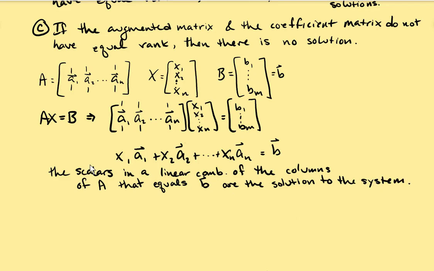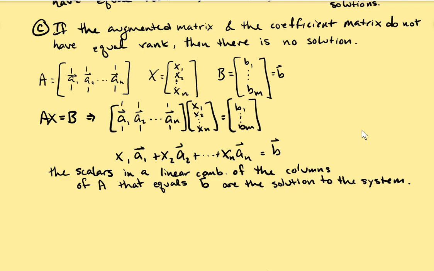This is just saying exactly what I was describing earlier: if we can find a linear combination of the A vectors, the columns of our matrix A, that equals this B vector, the constant on the other side, then those scalars we get in that linear combination are the solution to the system.